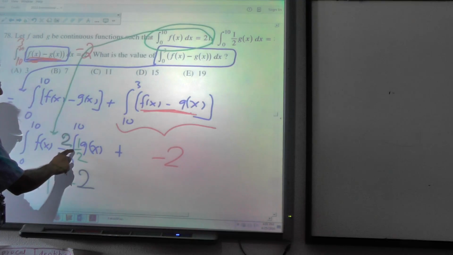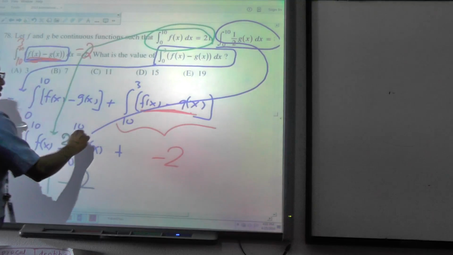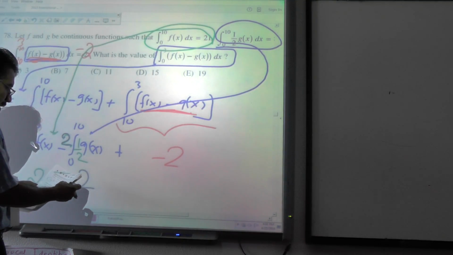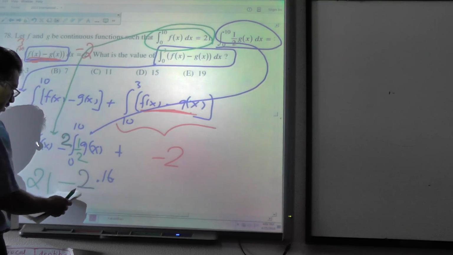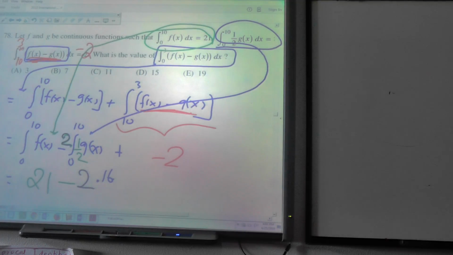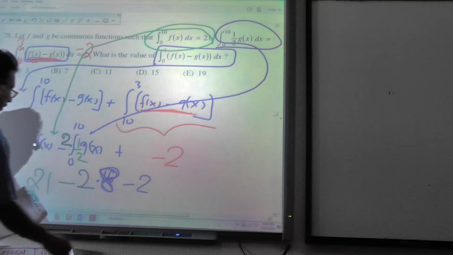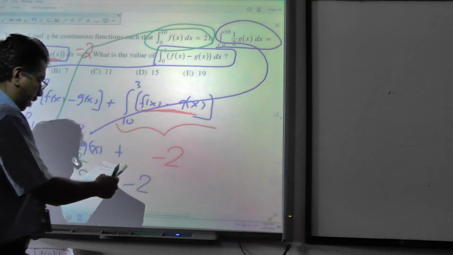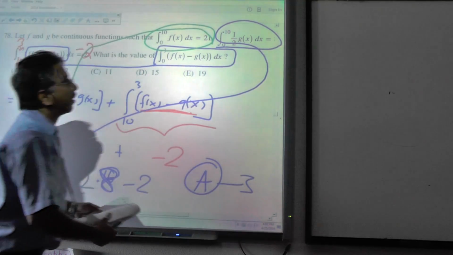And this integral of half gx, this goes right here, which is given to you as 16, I believe. Correct? I made a slight mistake here. Sorry, it's 8. This is 8, right? And then there's a minus 2. So if you work on this 21 minus all this, you end up getting the answer as 3.